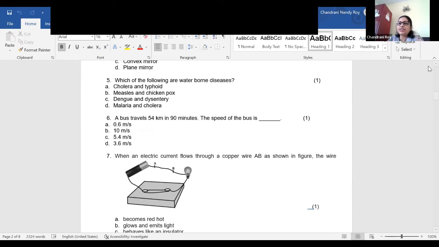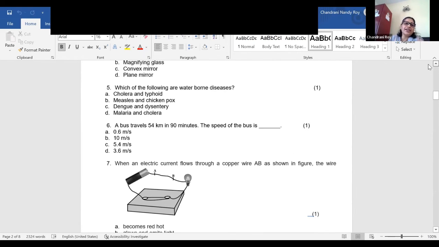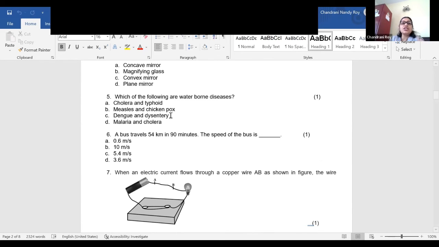And also, dear teachers, please try to avoid choices such as all of the above or none of the above. All of the above and none of the above as choices in MCQs should be avoided, because I think it just reflects the fact that the question paper maker has run out of options.